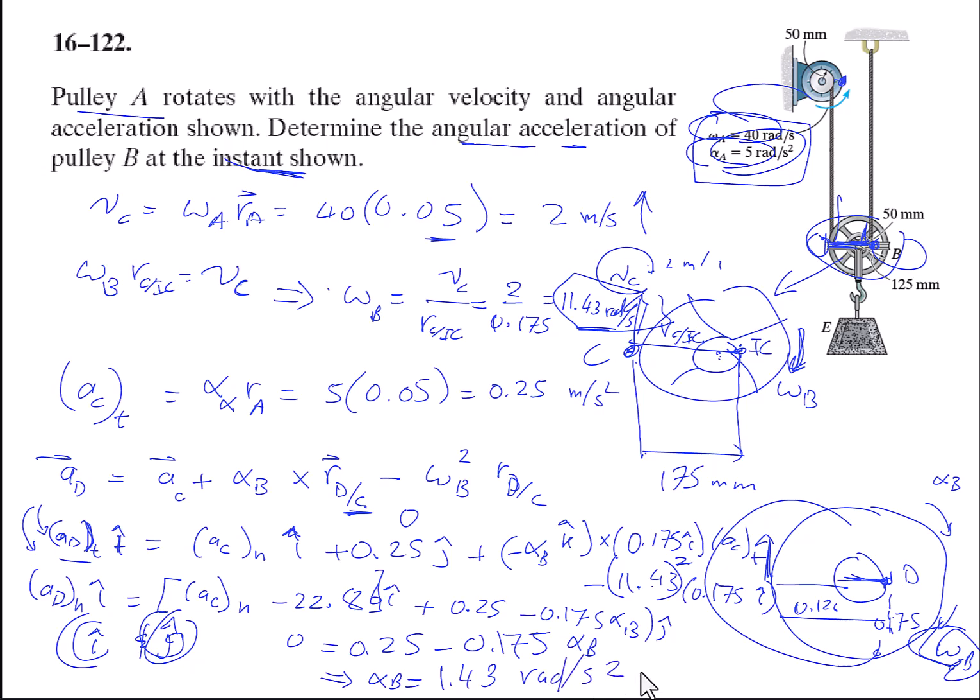So that's your angular acceleration of this pulley B. So what we did is we related it to this tangential component, and this is related to this tangential component. So by then we used the angular acceleration to write one acceleration in terms of another by using the relative motion. So that's the last part of this chapter 16.